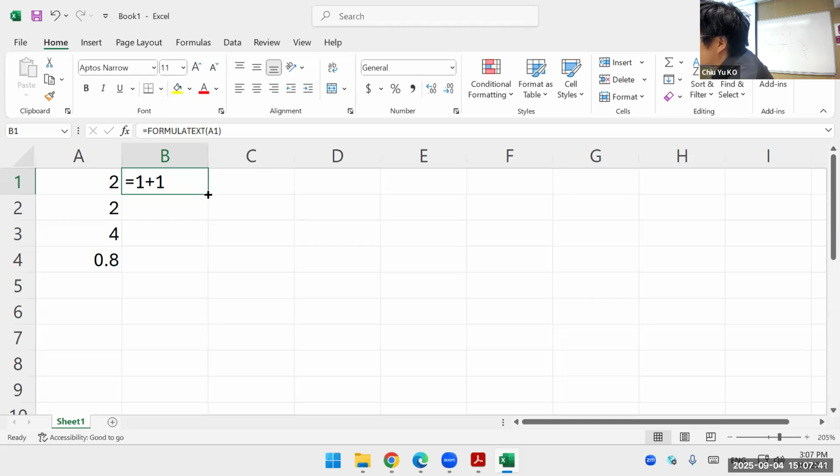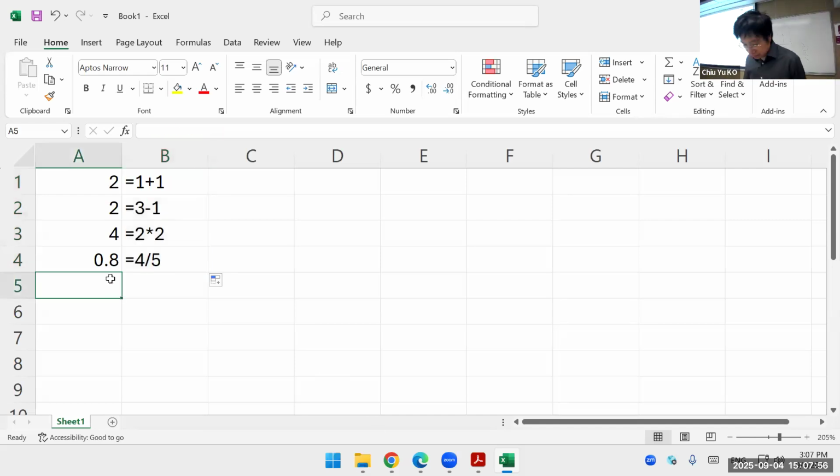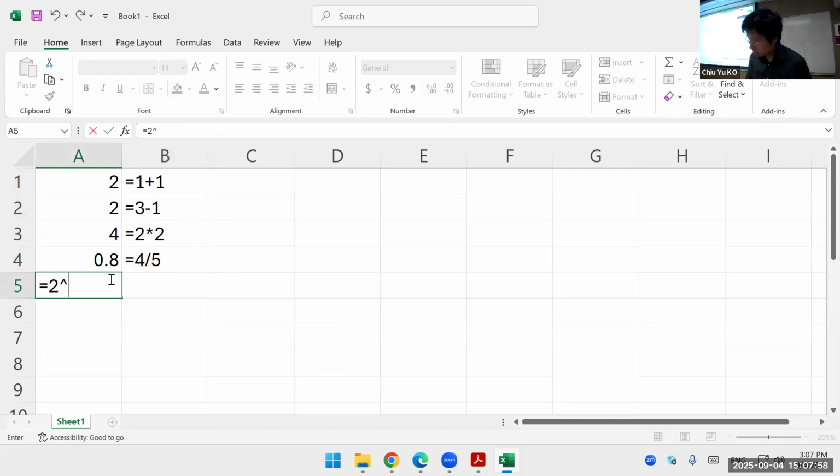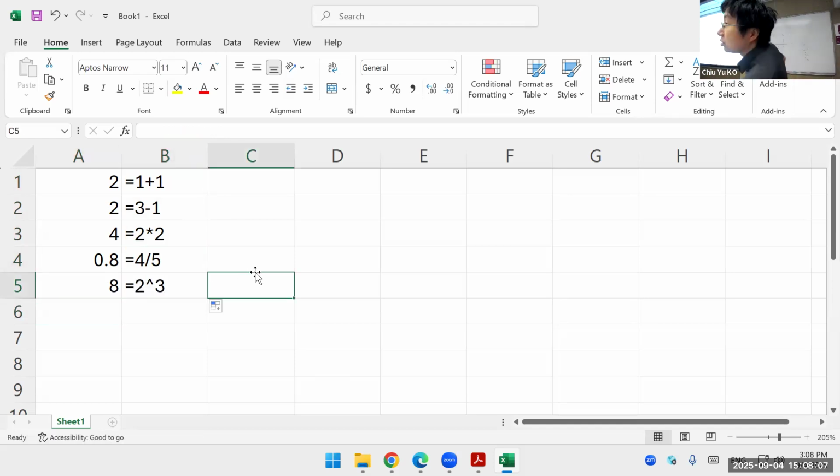Use your mouse, quickly double click, then done. This is a very useful skill, at least for me. That will keep the formula. I hope you are able to do that. And the last one is raised to the power, 2 to the power 3, like this. That would be the idea behind the simple calculation.